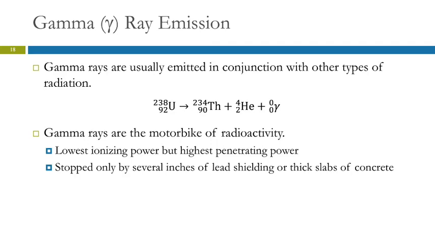It still has ionizing power, but not as much. So here we have an example of a nuclear equation. Here we've got uranium-238. This is undergoing alpha decay and gamma ray emission. So this gamma ray emission often happens along with something else.